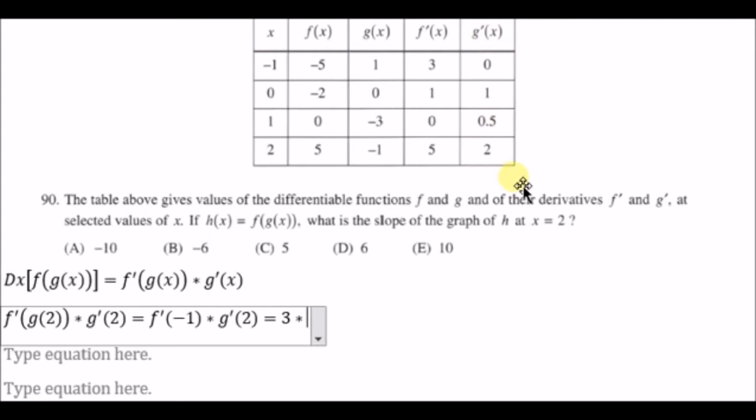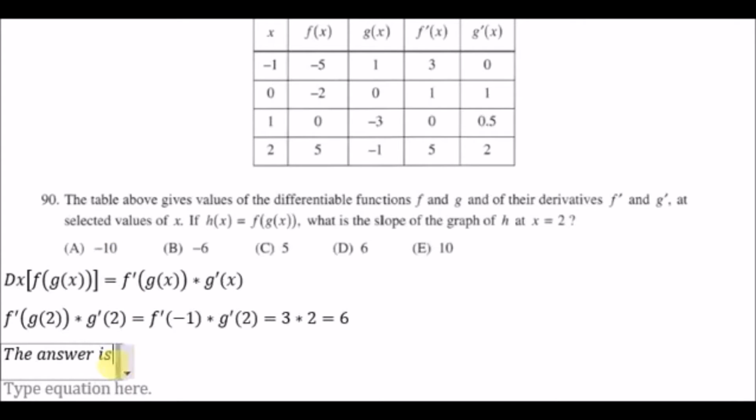G prime of 2 is 2. That looks like some very nice arithmetic there. Okay, 3 times 2 equals 6. And so we see that the answer is D, or 6. Perfect.